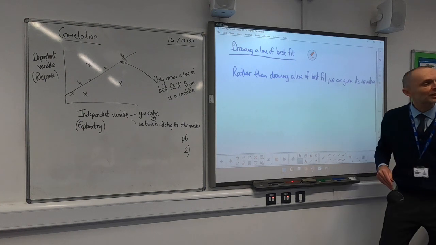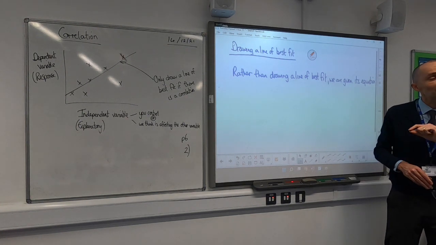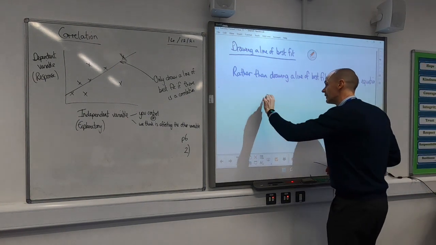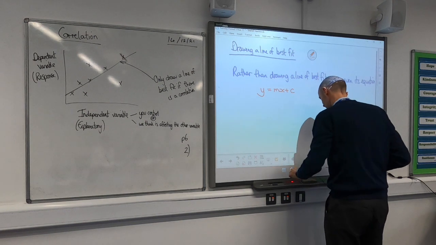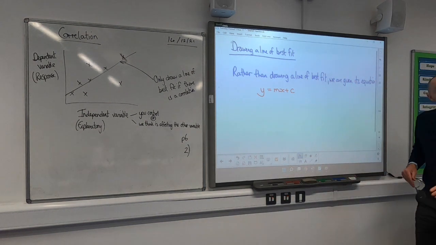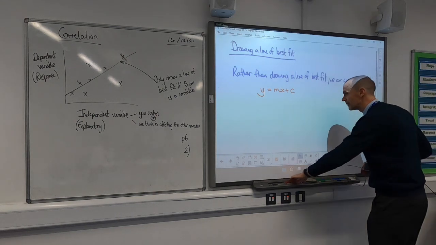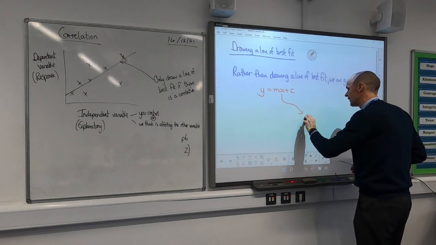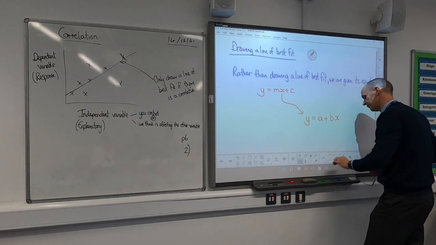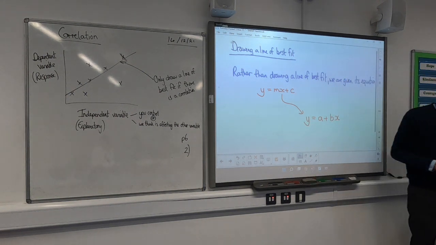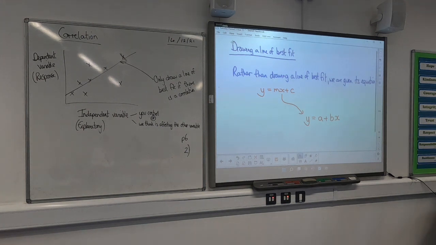The bad news is that up until now, when we write down the equation of straight lines, we write it like this. Unfortunately, with this topic, it's written like this. There are two changes which completely mystify me. I have no idea why they do it.